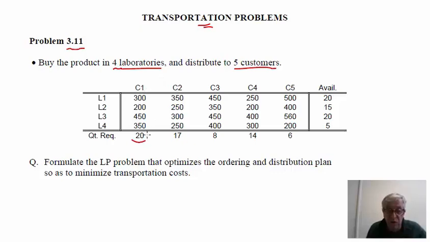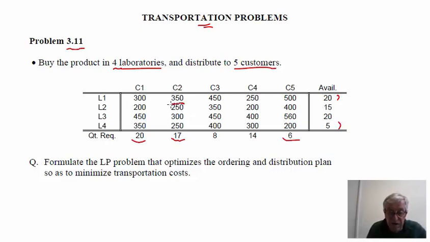Customer 1 wants 20 boxes, customer 2 27, and so on until customer 5, which requires 6 boxes. We have also information about the availability of boxes from each supplier. Supplier 1 can provide 20 boxes and so on until supplier 4, which can provide 5 boxes.